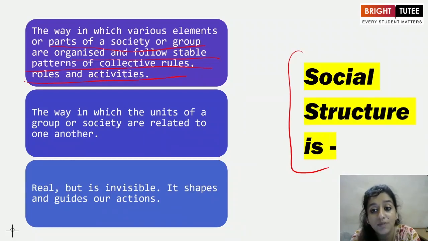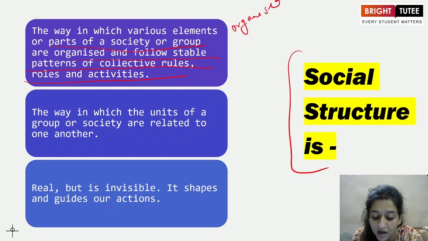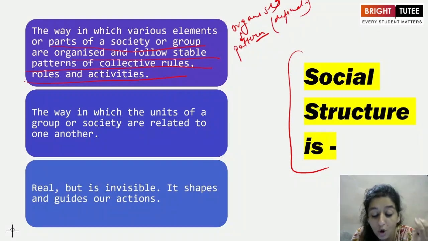Like I have talked about this in the previous slides as well, it is an organized setup which follows a stable, set, well defined pattern. You have your own set rules, you have your own set regulations, and you have your own set roles and activities.